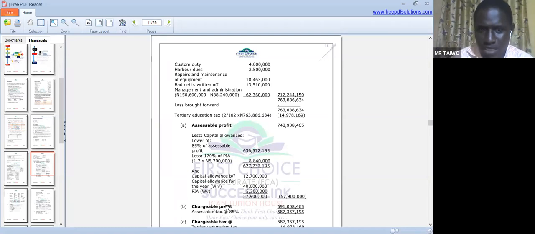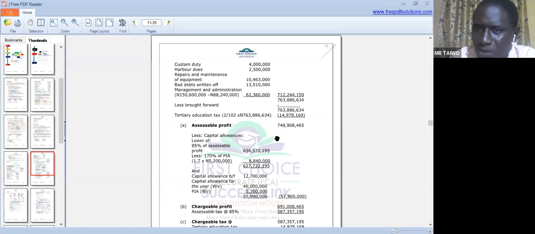Let us look at the way it is. Let's look at the first part. This is assessable profit. What is 85% of assessable profit? My assessable profit here was 748,908,465.